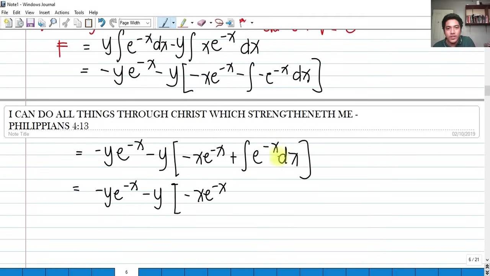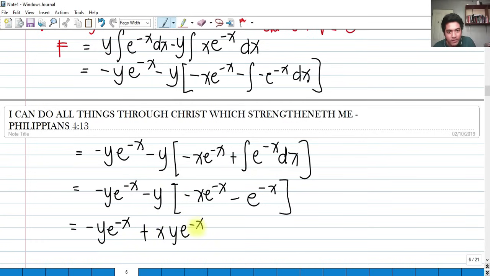What is the integral of this? That's correct, negative e raised to negative x. So if I multiply this, negative y e raised to negative x, and negative y times negative x would be positive x y e raised to negative x, and negative y times this would be plus y e raised to negative x. Of course, we have the plus g of y.